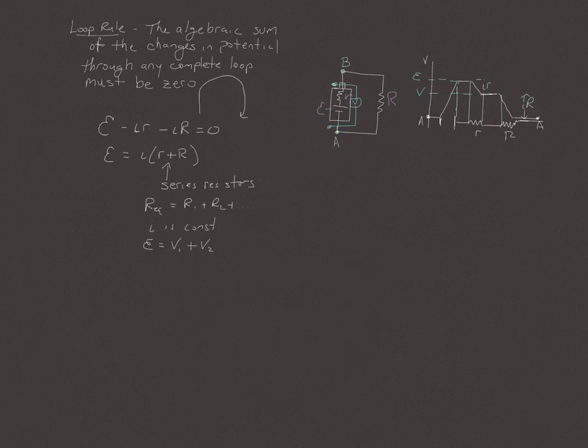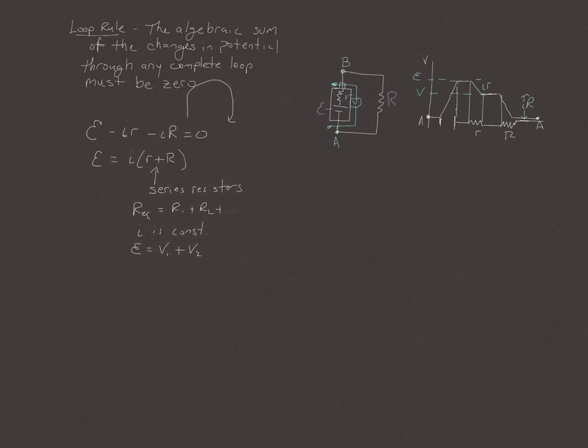Now, just to relate this to a circuit that doesn't have internal resistance, I'm going to go from here, and I'm going to just move the one potential over to the other side. And this value right here is going to be the reading, because it's the total drop.